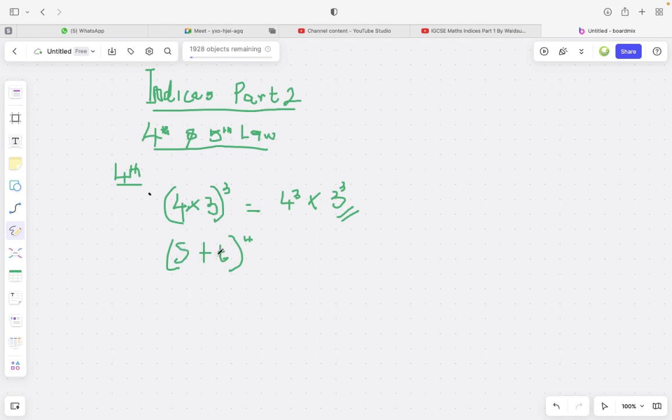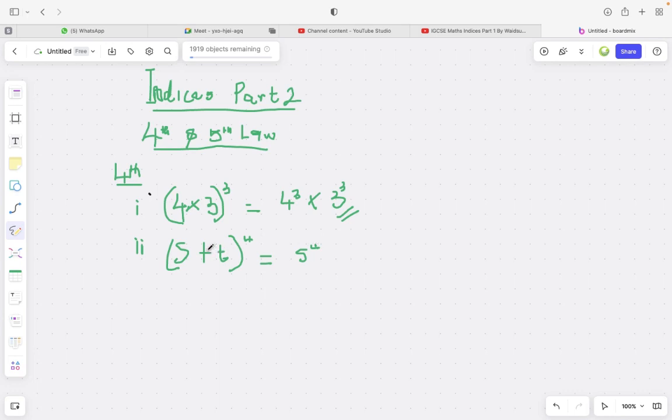We're trying to illustrate with many examples before we generalize the law. What this entails is that this gives you s to the power of 4. Each of them individually will be raised to the power of 4.